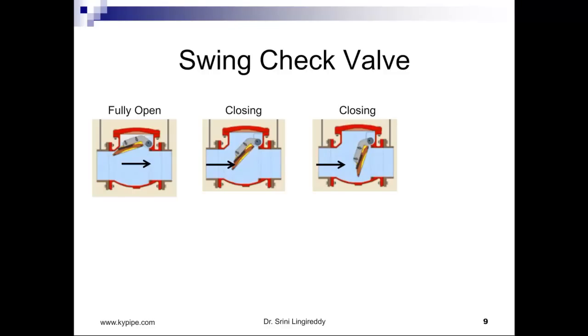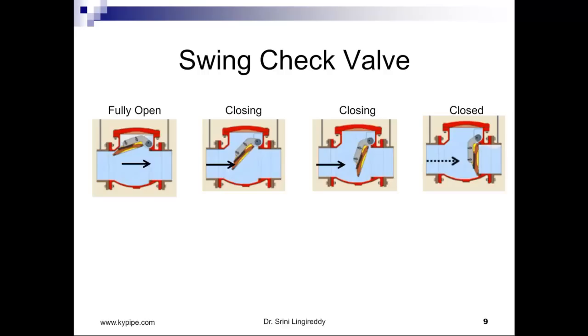It may start picking up velocity, and the valve keeps closing, almost closed, but not quite. There's still passage, so the velocity starts building up, and eventually this is going to stop the flow. So the disc is completely closed.